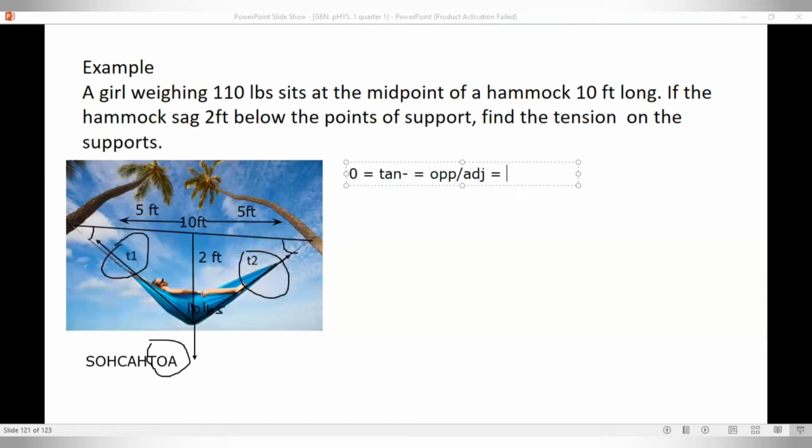Okay? So that is equal to your opposite of this angle, which is 2 feet, over your adjacent, which is 5. And therefore, theta is equal to 0.4, inverse tangent of 0.4 is equal to 21.8 degrees.